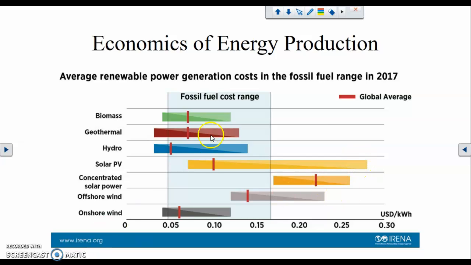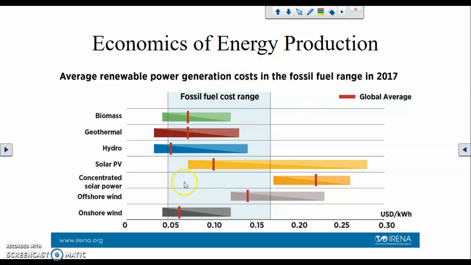Okay, but that's different. Offshore wind is wind turbines off the coast, out in the ocean, out in the sea, out in a lake. And onshore wind obviously is the wind turbines you see dotting the landscape inland.